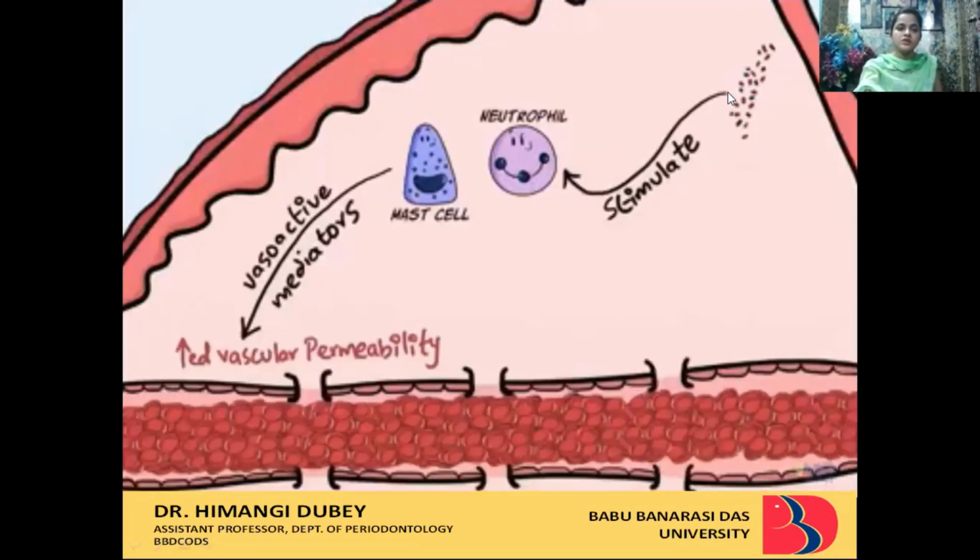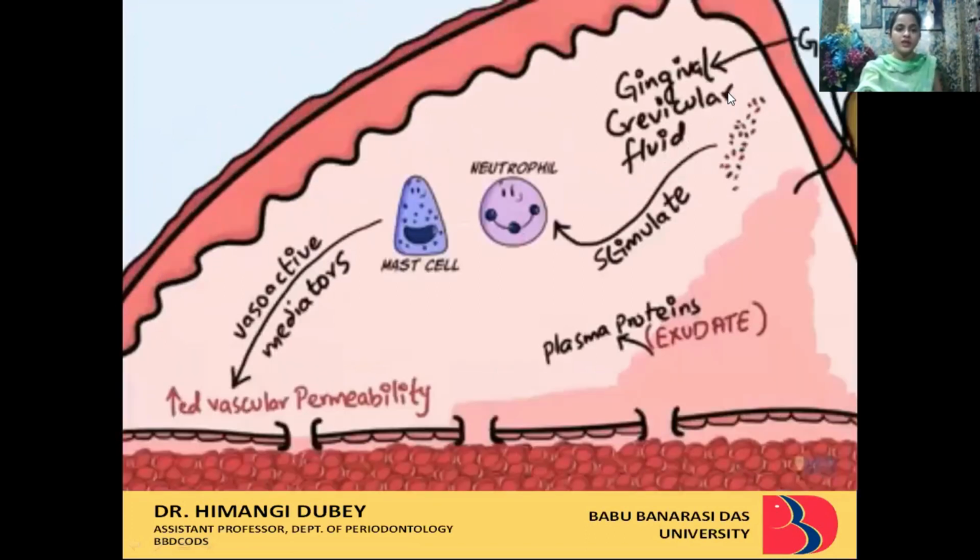There is margination and adherence of leukocytes in the capillary vessels, finally leading to diapedesis or escape of leukocytes, primarily neutrophils. The escaped neutrophils, via a process called chemotaxis, migrate to the area of insult and accumulate in the connective tissue below the sulcular and junctional epithelium.